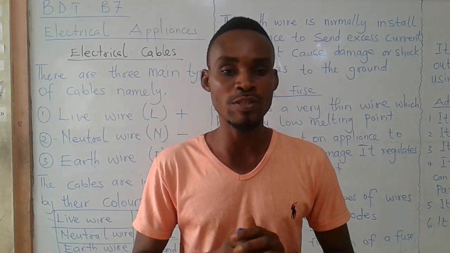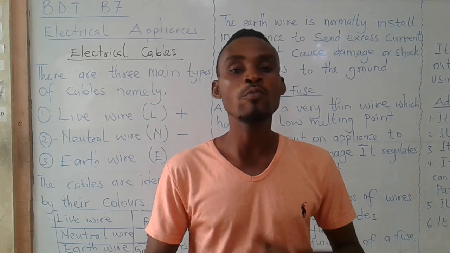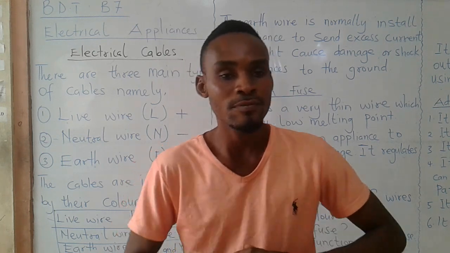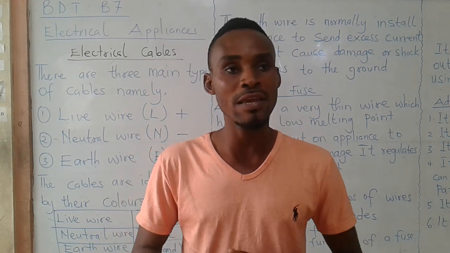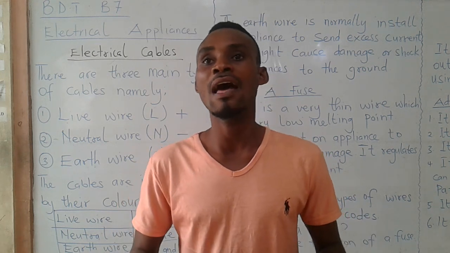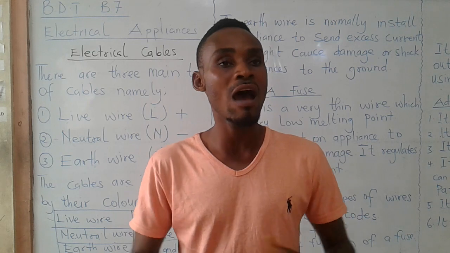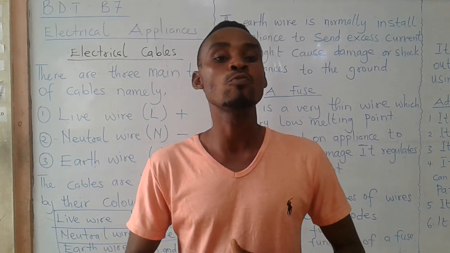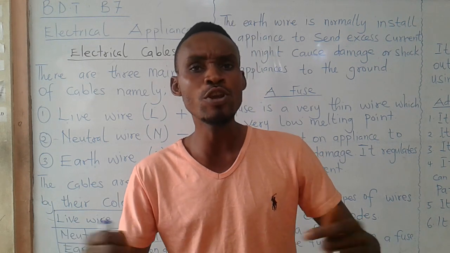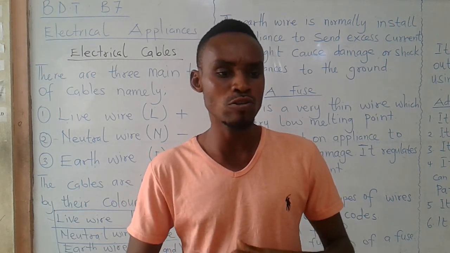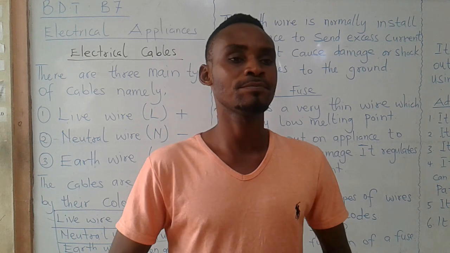Now let's move on straight without wasting much time. We want to talk about cables or electrical wires. When we say electrical wires, you all know they are the wires that allow current to pass through. These wires are made of aluminium and some are also made of copper.